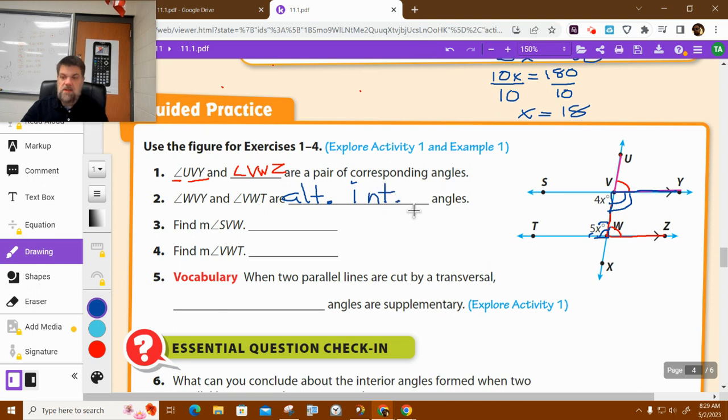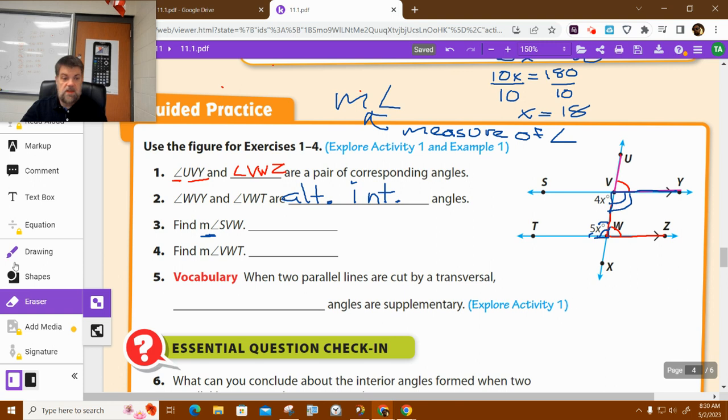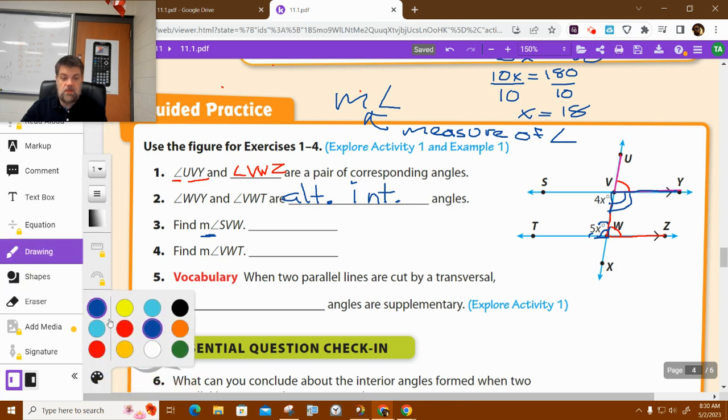Okay. And then it wants us to find the measure. When you put that little M there, it is pronounced the measure of the angle, whatever the angle is. So I need to know SVW. Currently it's 4x. So let me get a different color, green.